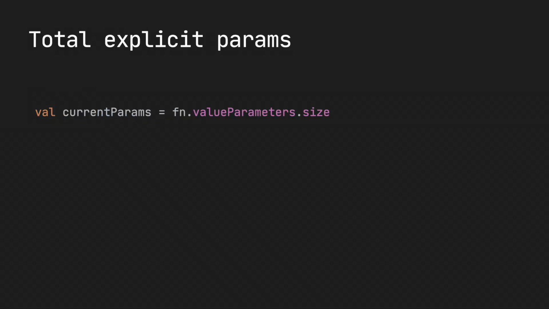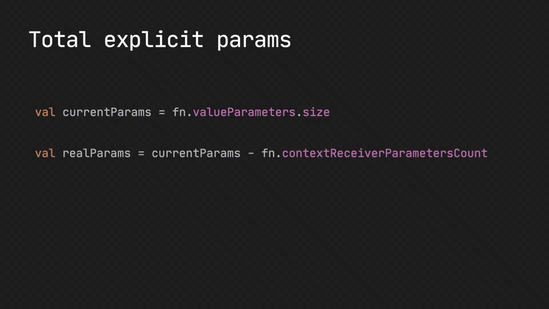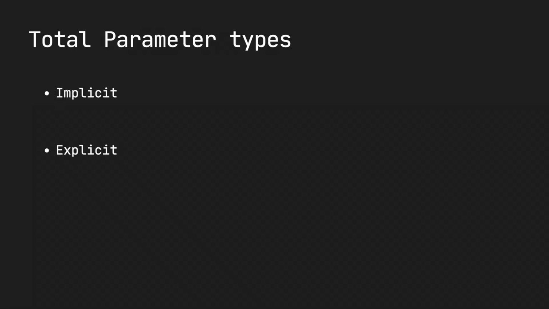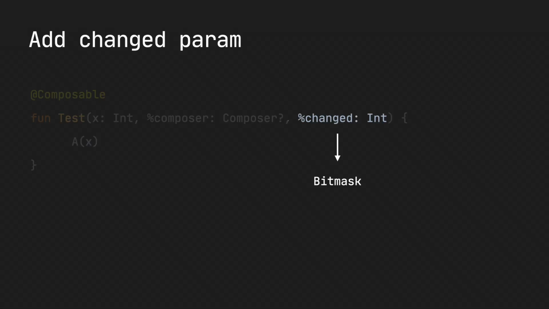The first thing that the compiler plugin does is that it gets the total number of current parameters, and it figures out the number of real parameters by subtracting away any implicit parameters that you have. It then takes that information to determine the bit mask, to determine how many changed variables it's going to need. So first you get the information on the total number of parameters that you have, implicit and explicit.